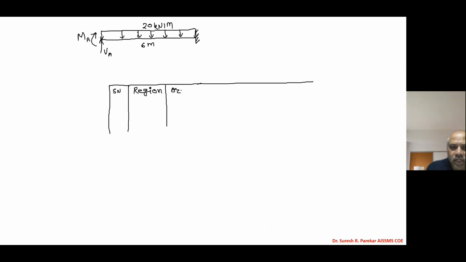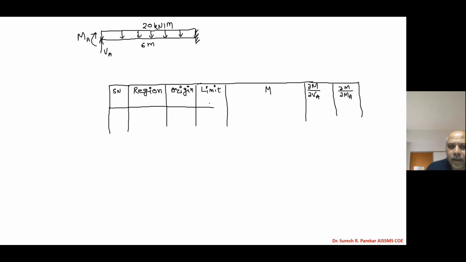Region, origin, limit, then M, then dM by dVA, and then dM by dMA.